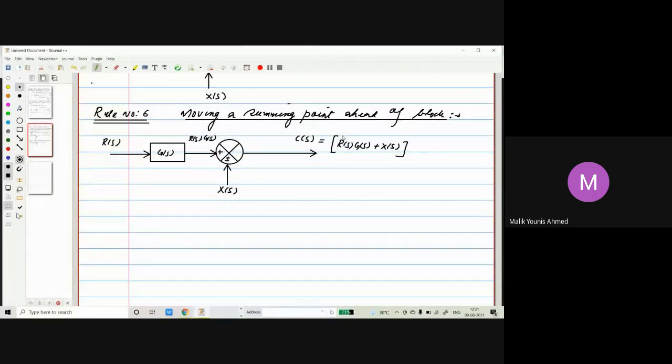Now what is our aim? Our aim is shifting of a summing point from a position after a block to a position before a block. Okay, we'll write it. What's our objective here?